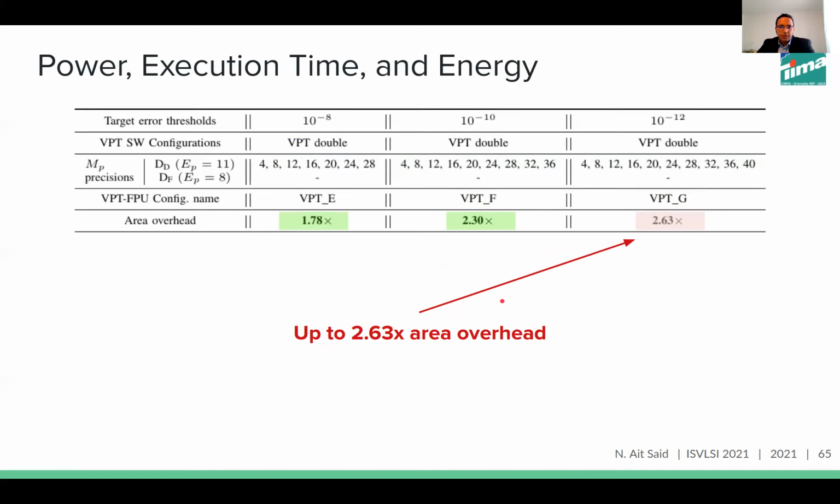Now we can first see the area overhead, which is very costly due to the added hardware blocks compared to the reference FPU. Obviously, we added hardware. So for this architecture, the area overhead ranges from 1.78x up to 2.6x.